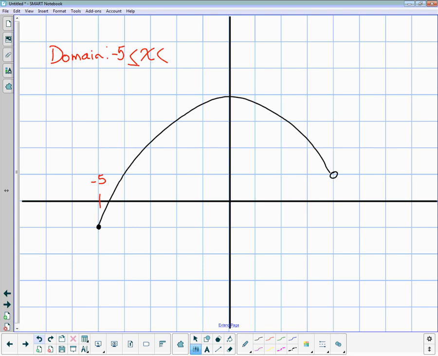How far? It's over 4, isn't it? But this one doesn't have a bar, because it's got a circle. It's empty. That point is not allowed. Okay? It's not in the answer. Do you see how that's your domain? Where everything lives inside that window?